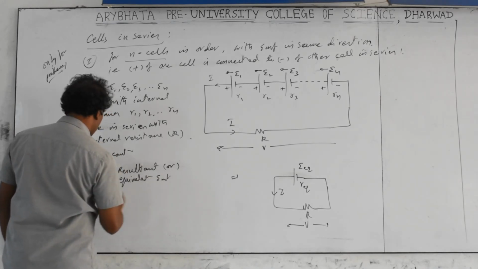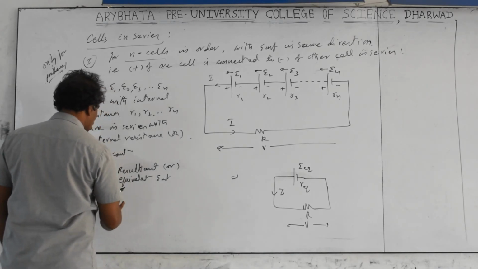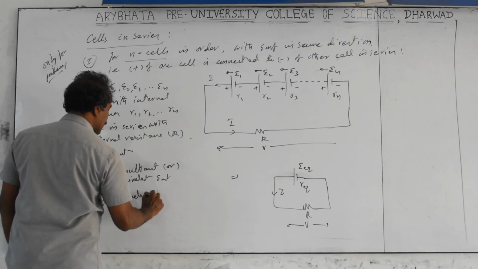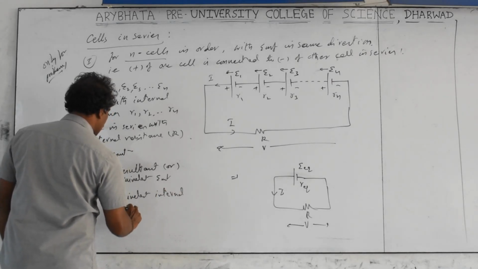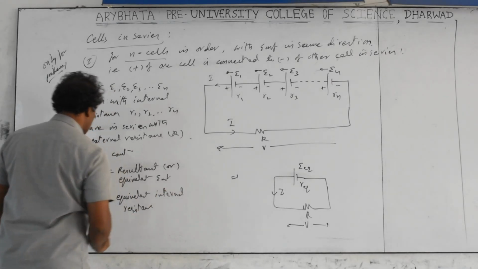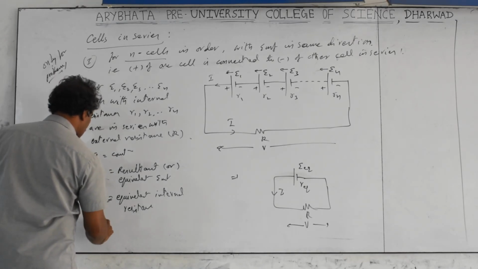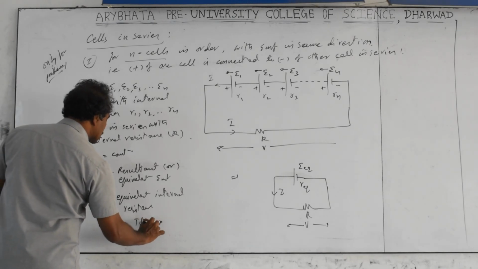R equivalent is the resultant or total internal resistance. So the overall total resistance becomes R plus R equivalent.